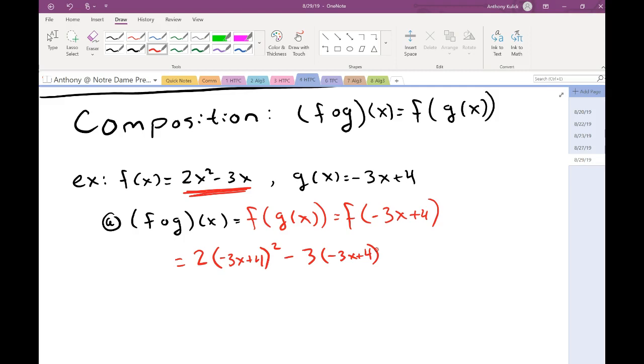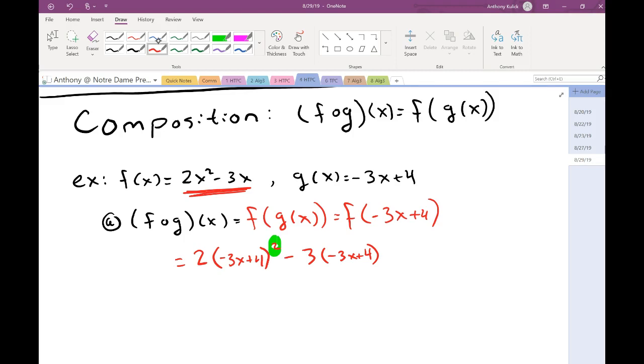So what's the first thing I should do for the simplifying here? What's the first thing I need to take care of? The exponent. Very good. If I follow the order of operations, the first thing I need to take care of is that exponent. How do I take care of that exponent?